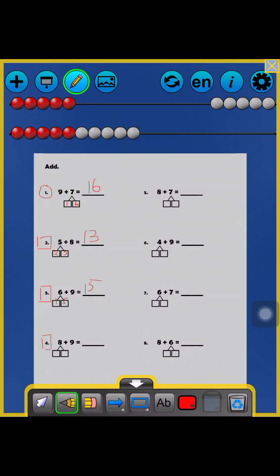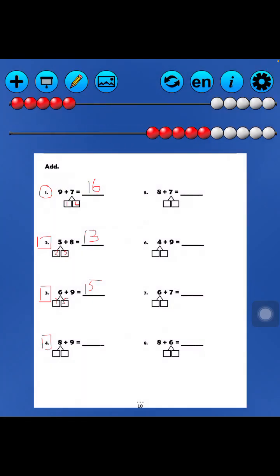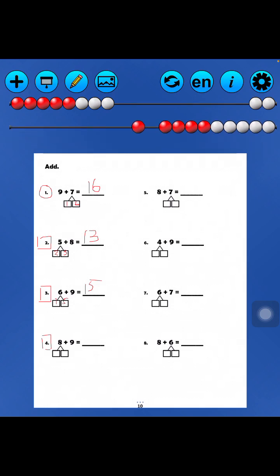Okay, now we move on to question 4, 8 plus 9. Let's move all the beads to the right first. And then, in the first row, we move 8 beads to the left. 5, 6, 7, 8. And then, in the second row, we move 9 beads to the left. 4, 5, 6, 7, 8, 9.